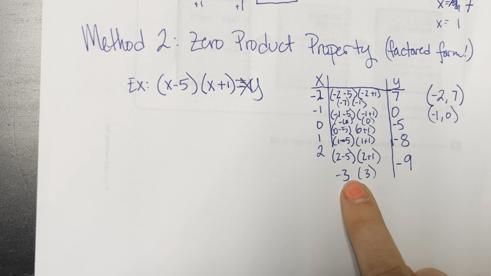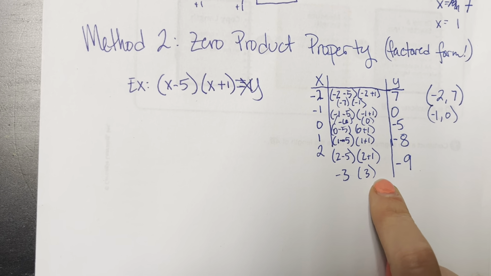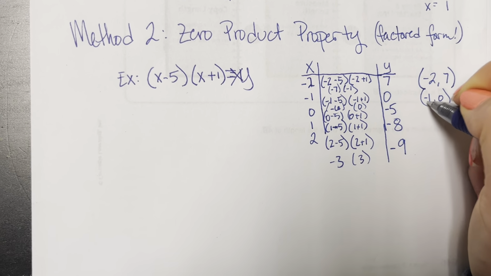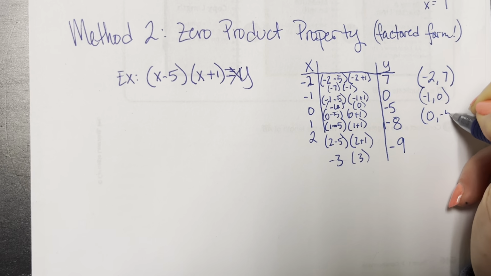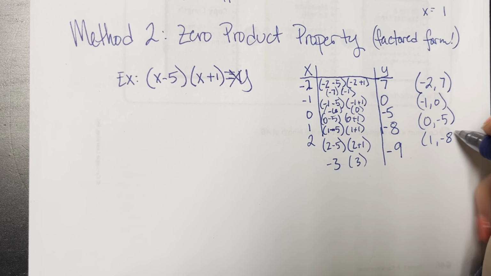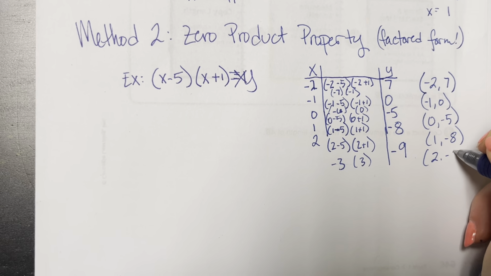I sure hope I didn't do any math wrong. -5 times 1, that seems okay. I could check Desmos if I needed to. But all of these coordinate points now: 0, -5, 1, -8, and 2, -9.